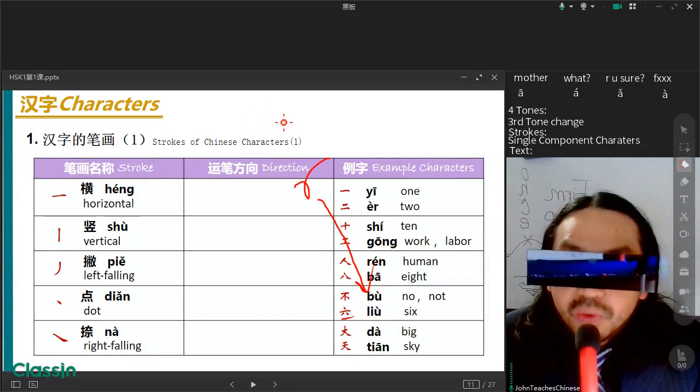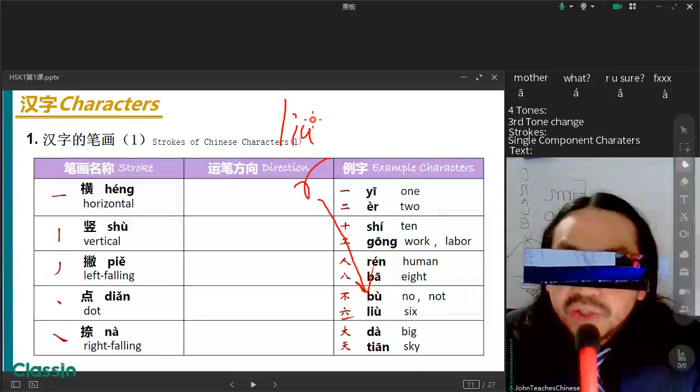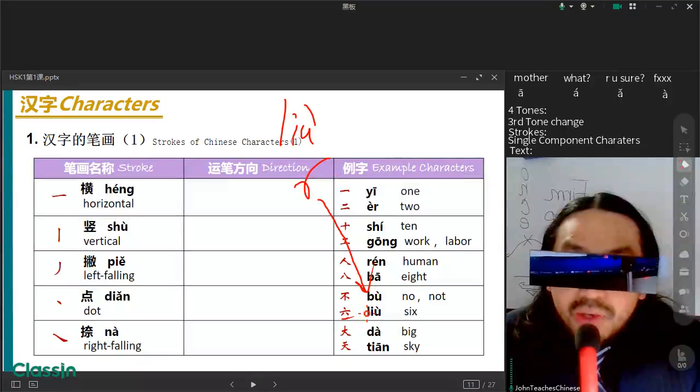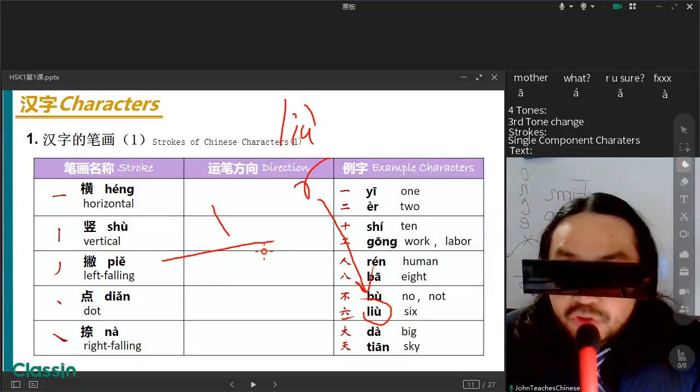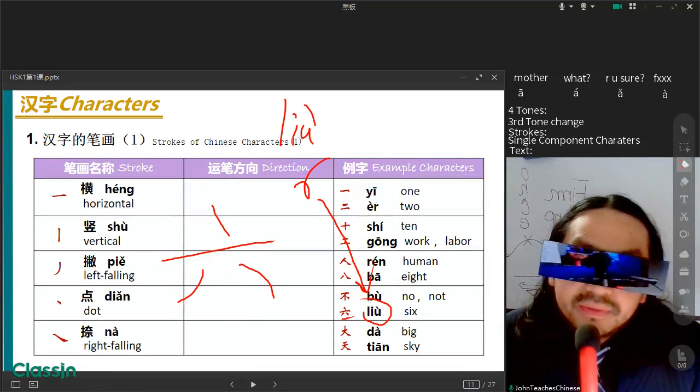This is 六, liù, the last one. We already know how to say it, then we still need to know how to write it. This 六: dot, horizontal, left falling, dot.